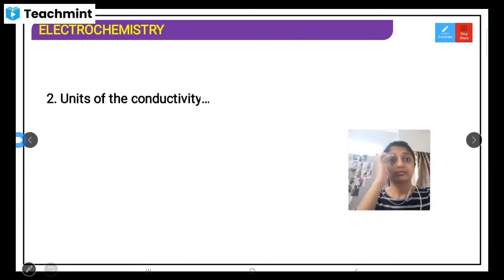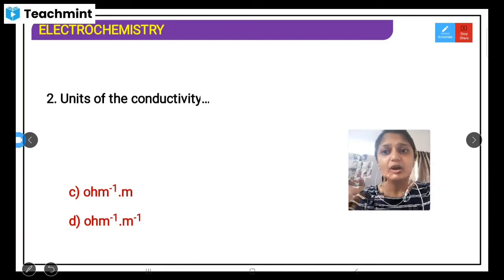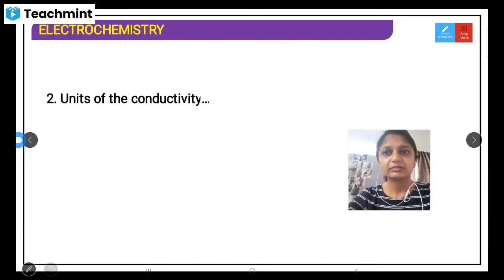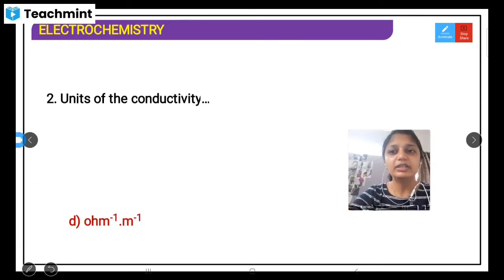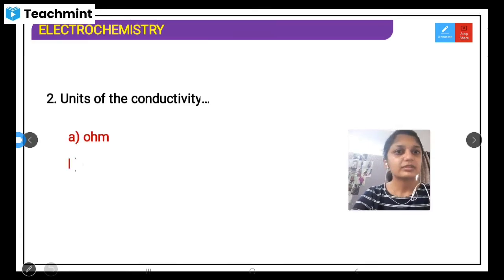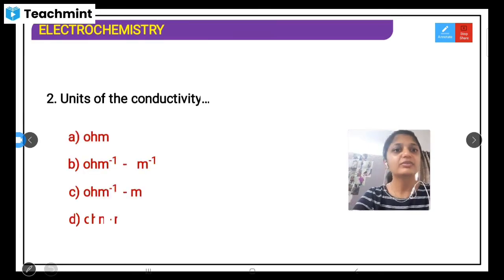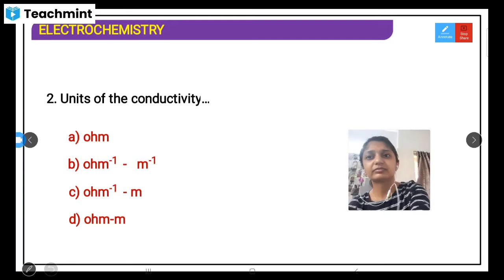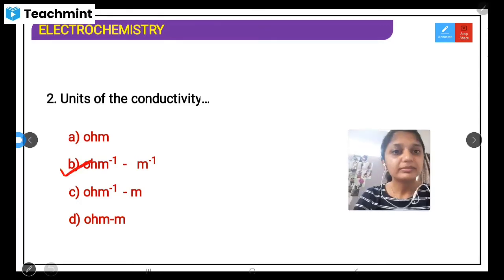Next, unit of the conductivity. Ohm inverse meter inverse. Very good. So your correct option here is B.